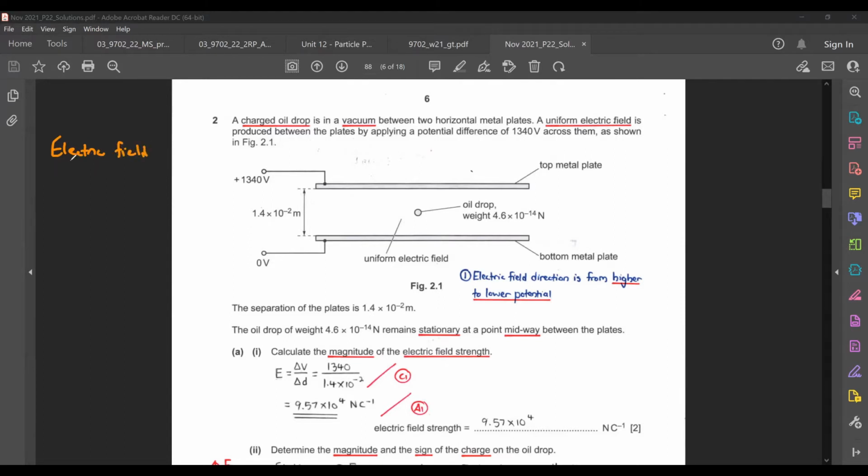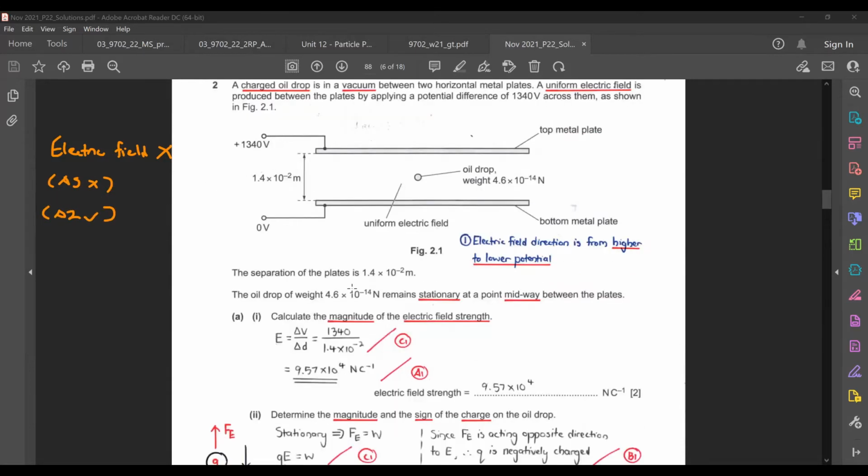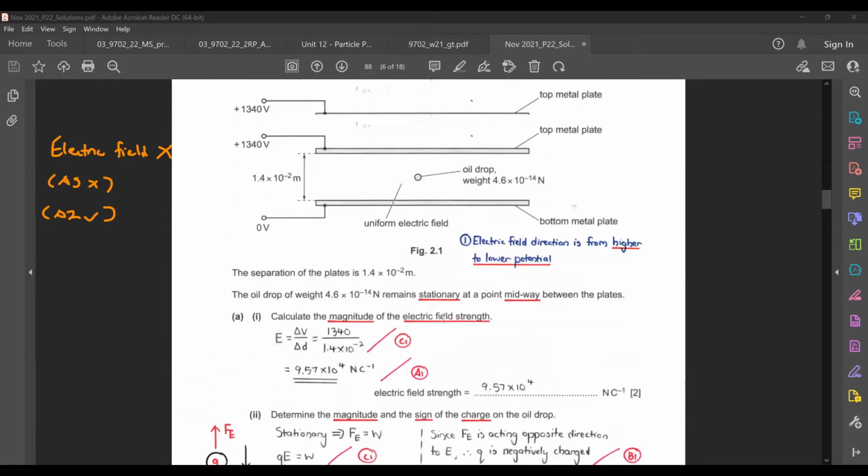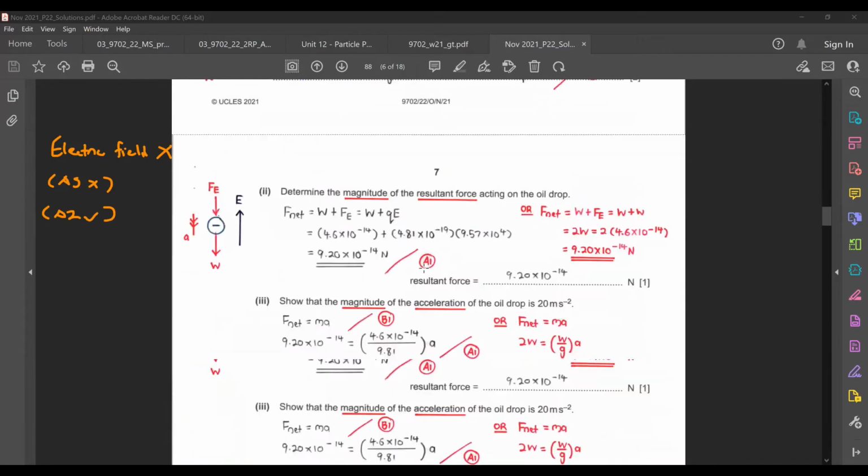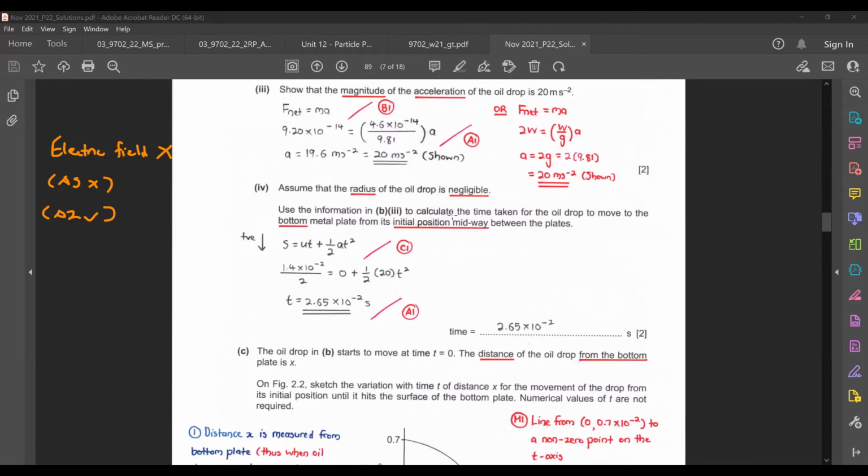Electric field from 2022 onwards, which is the year that you are currently sitting for, is no longer in AS. It's now combined with A2 instead. So this question, there are some parts of it that you cannot really do, but there are some parts that are actually still related to what we have.